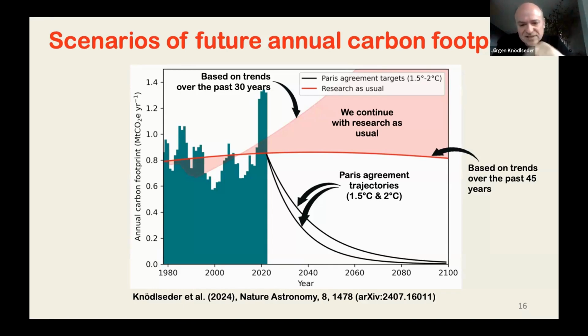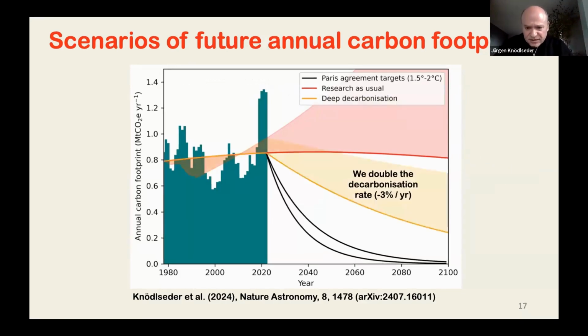And then the solid lines are where we should be in terms of the Paris Agreement. There are two lines, one for 1.5 degrees and one for 2 degrees. So you see we don't match the Paris Agreement. So what can we do? We can increase decarbonization. We can say we double the decarbonization rate, we move from 1.4% to 3%.